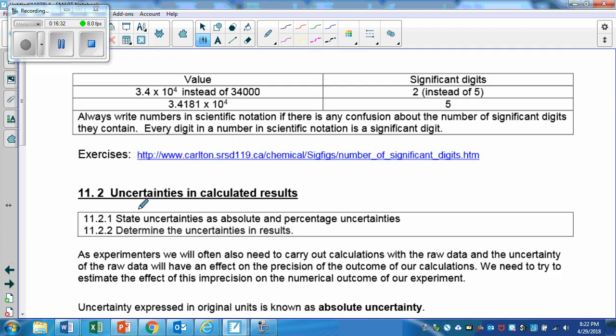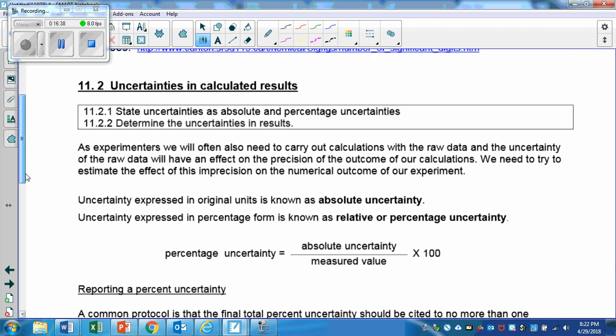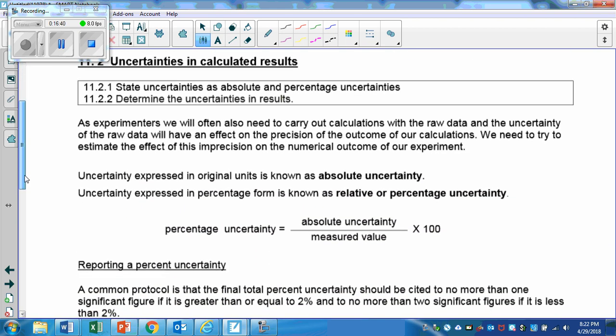So let's go back to the uncertainty calculations. If we have uncertainty, how do we calculate it with our data? There are two kinds of uncertainties. We can have absolute uncertainties, or we can have relative or percentage uncertainties. To calculate a percentage uncertainty, we take the absolute uncertainty, divide by the measured value, and multiply by 100.